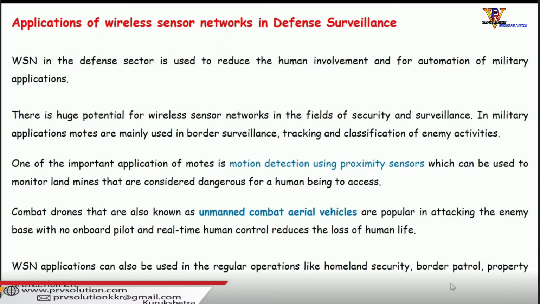So to avoid that, an unmanned combat aerial vehicle can be used. There is no human on board, so we can reduce the human loss here. Wireless sensor network applications can also be used in regular operations like homeland security, border patrol, property protection, etc.